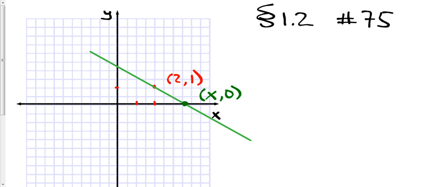Now, how many points have I labeled on that line? I got 2 points. Can I find the slope as a function of x?